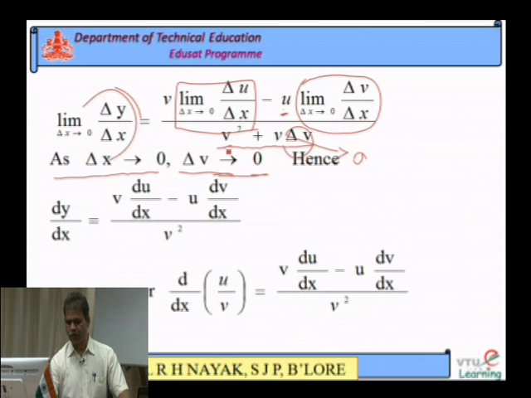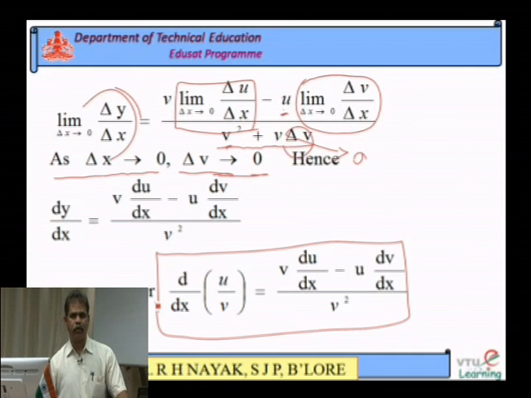So, the quotient rule is: differentiation of u by v is equal to v into du by dx minus u into dv by dx, whole divided by v square. You just correlate both the product rule and the quotient rule.